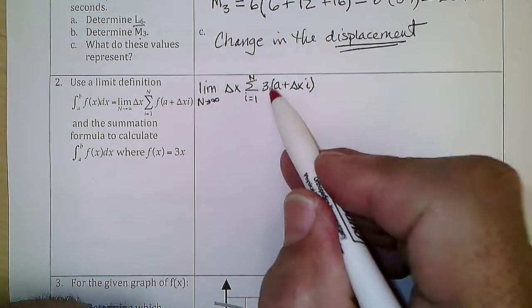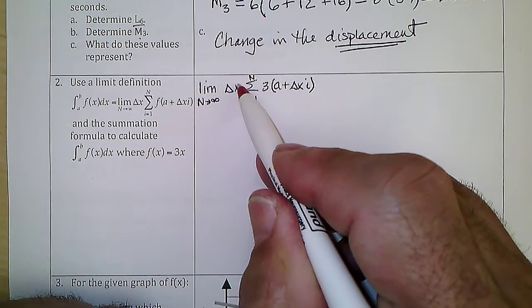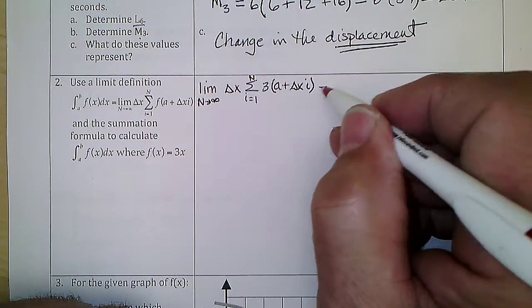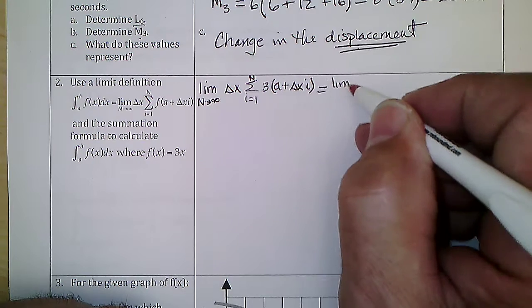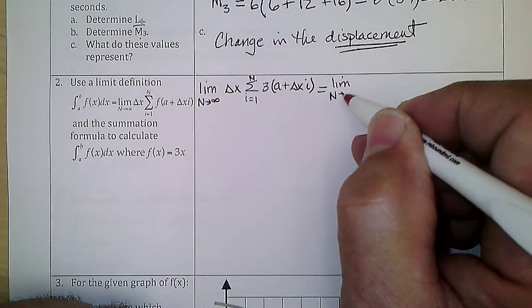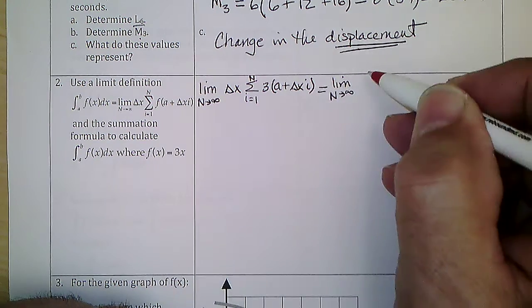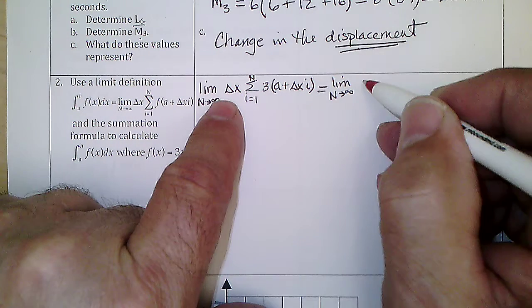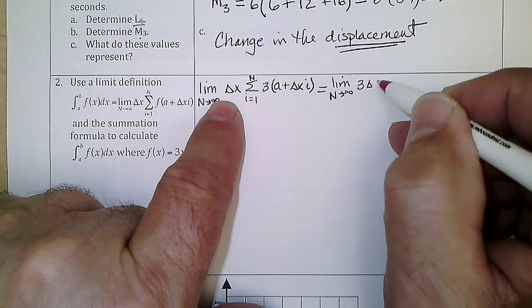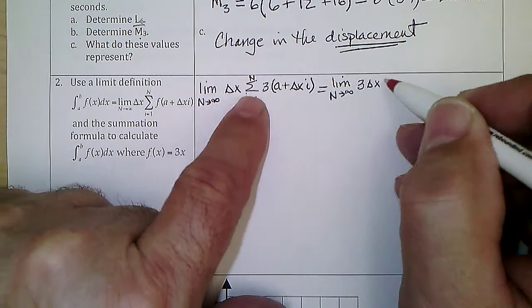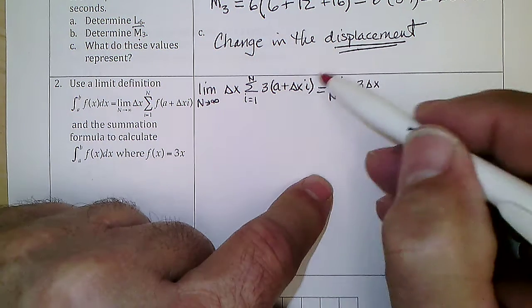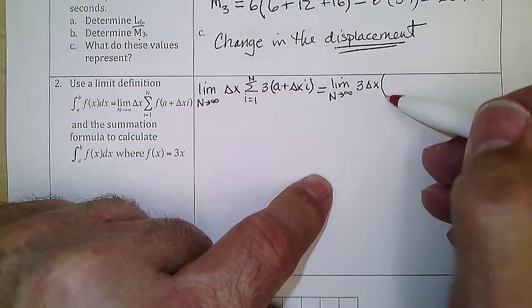Now, since 3 is a constant, it'll come out of a summation. So we get the limit as n approaches infinity of 3 times delta x. And then I'd have the sum of this part and this part, which I can split into 2 sums.